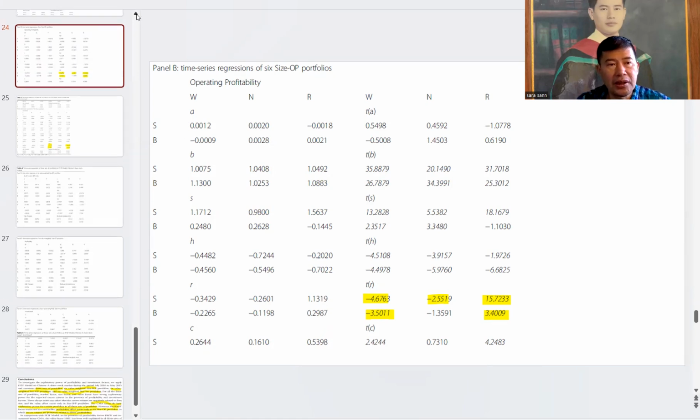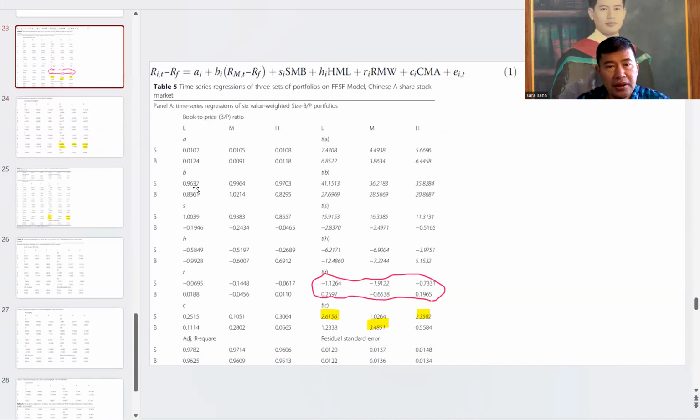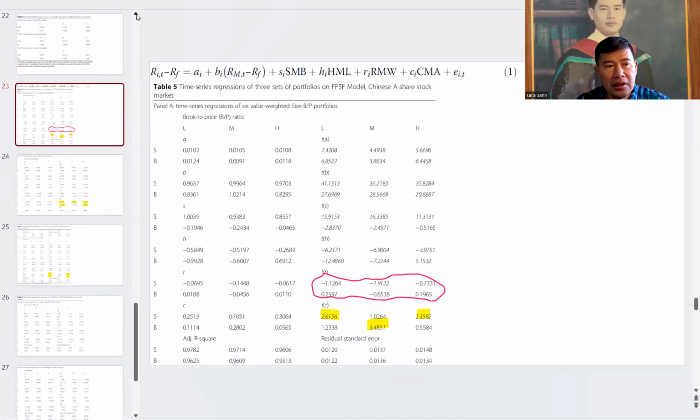Now another slide. Okay, there are another one. There are 2 over here, but look at the t statistic. No, nothing significant. So this is countless over here.